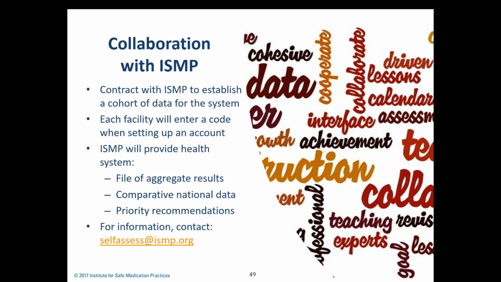And when we get the data after the closeout, we'll pull that data, put it in Excel spreadsheets, and send it back to the system, and they'd then be able to look at their individual system aggregate data. That is something we have been offering with the other self-assessments, and is something we're offering with this self-assessment. That way the system will be able to look at what system goals they may want to pursue.